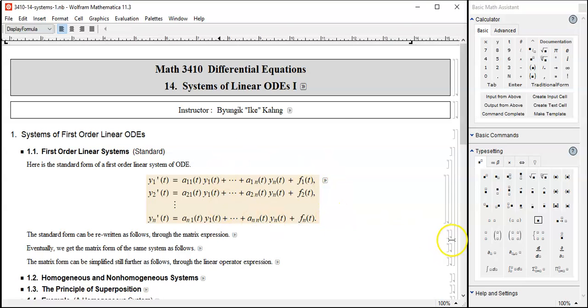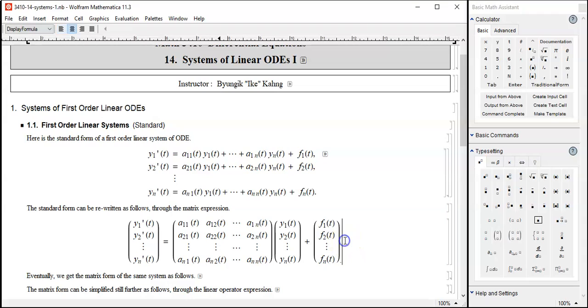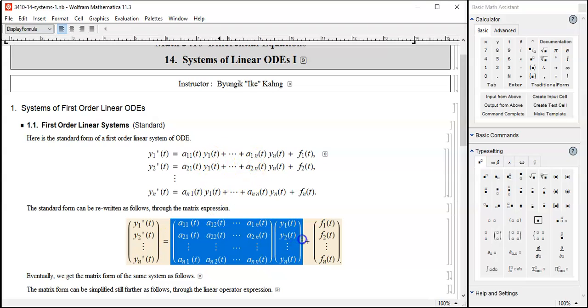And the standard form can be written like this in terms of matrix expression. Do you see the correspondence? This part, we have a1, y1, a2, y2, those kind of part can be written as a matrix multiplication, A times y, where A is n by n square matrix and y is the column vector, n-dimensional column vector.